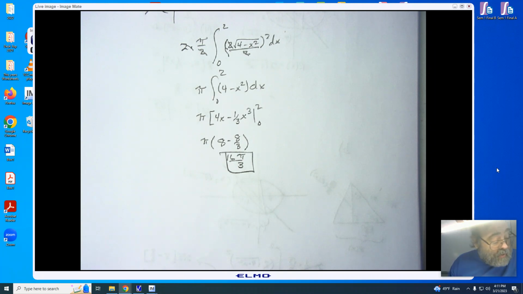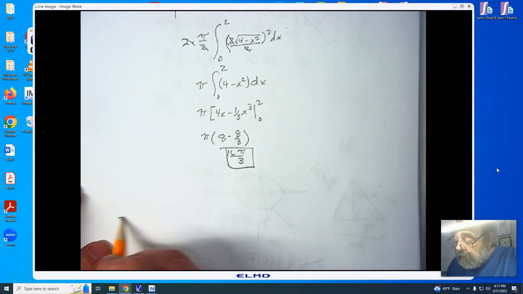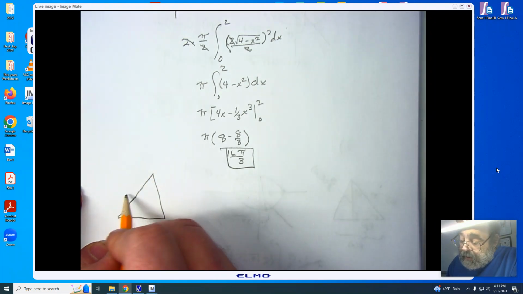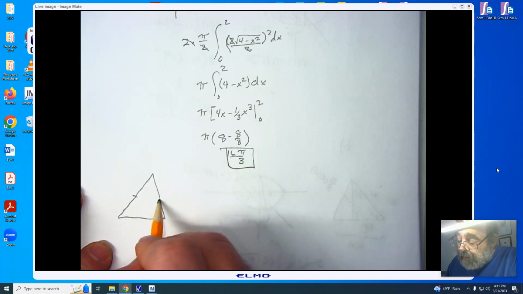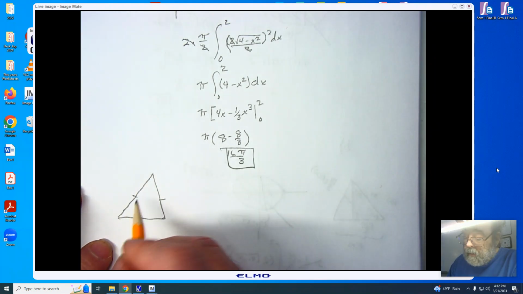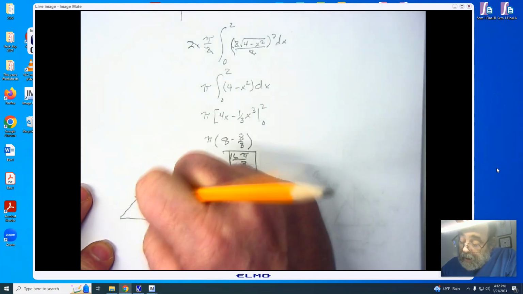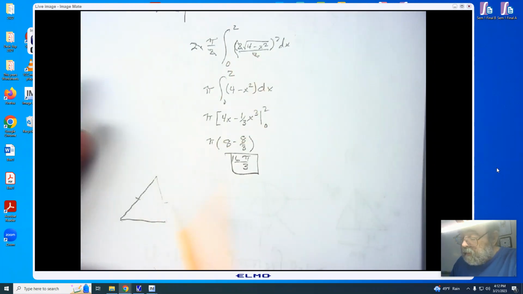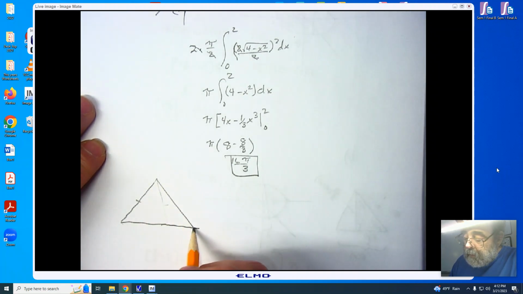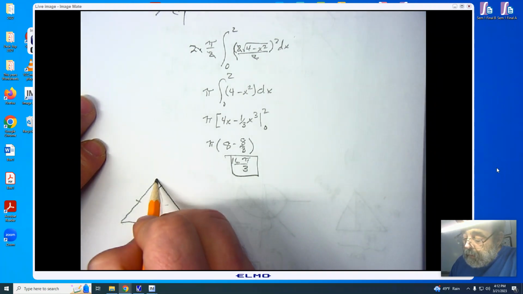This now brings me to the isosceles right triangle. Let's just look at what that means. Isosceles means that these two sides are going to be congruent. And I need a right triangle. So we have that.